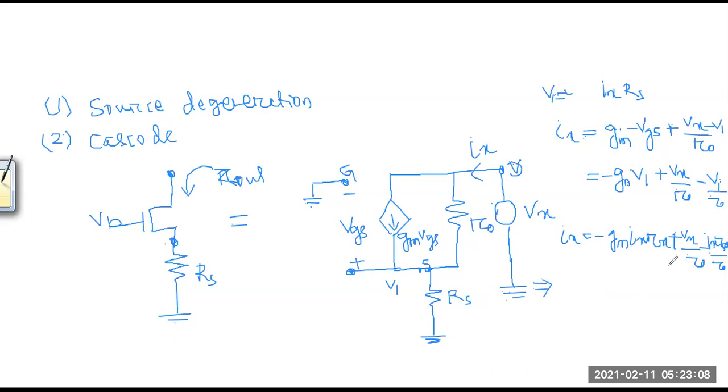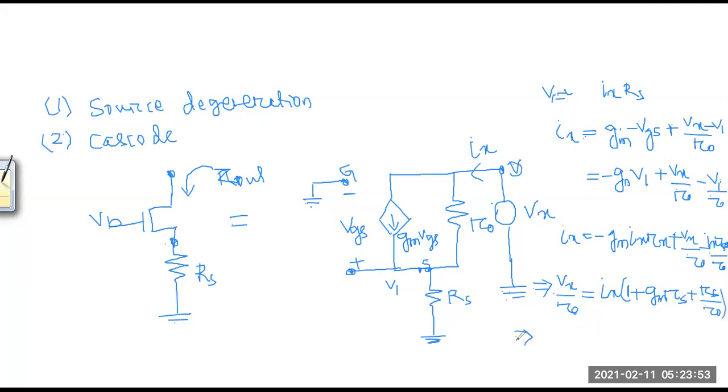Okay. So finally, if you do this, then what happens? Vx by R0 on one side, and Ix you take common: 1 plus Gm Rs, plus Rs by R0. Okay.